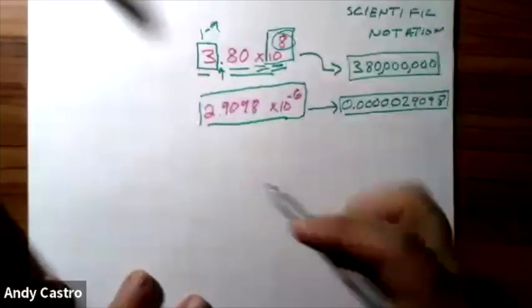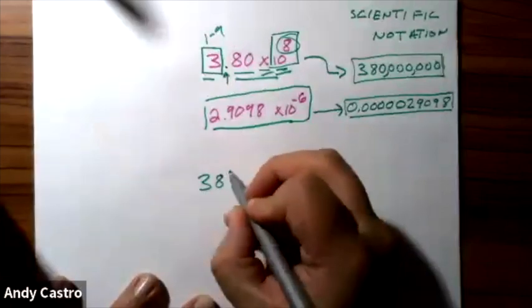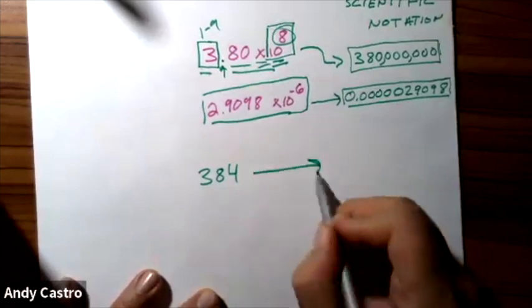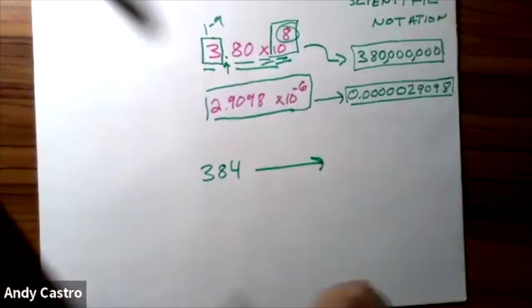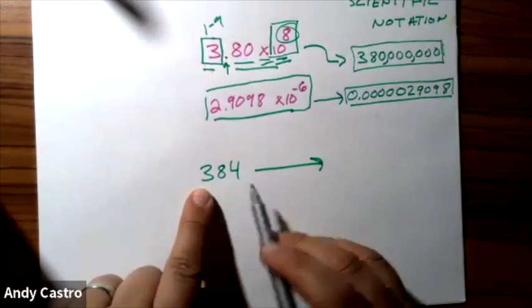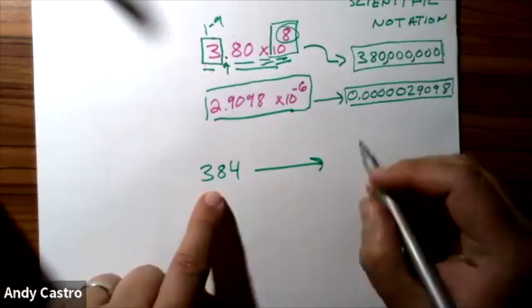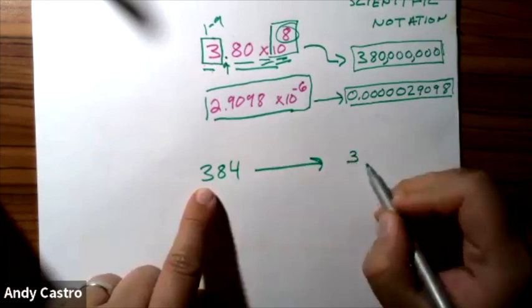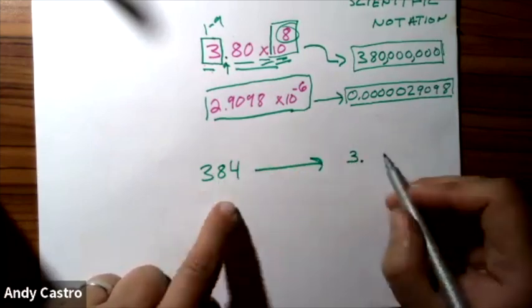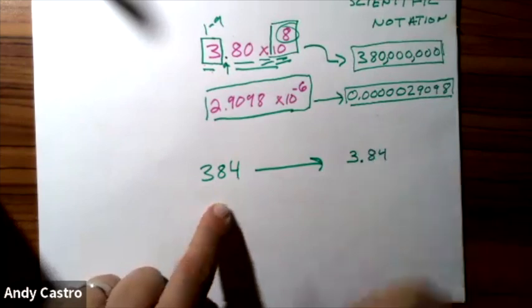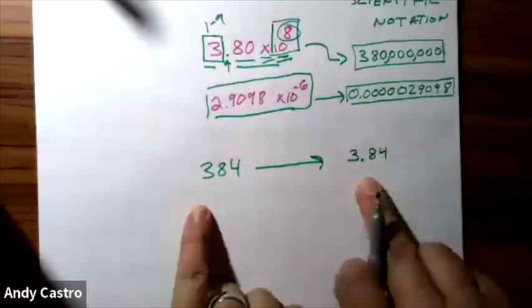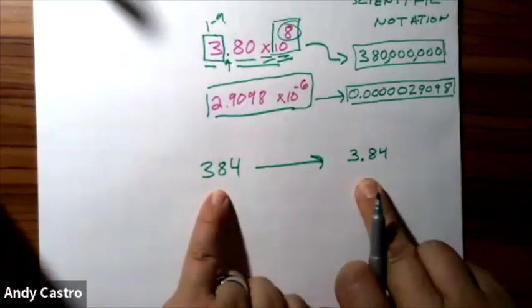So let's put this number, 384, into scientific notation. How do we do that? This number is 3 digits. So my first number is 3, then I have a decimal point, then I have the rest of my digits: 3.84. Now, 3.84 is not the same thing as 384.